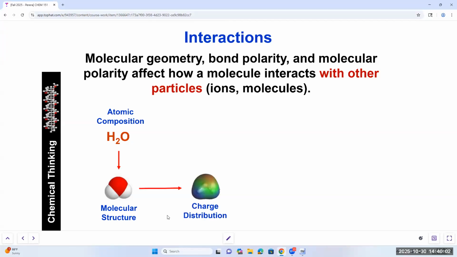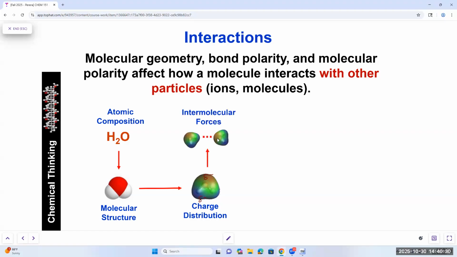And then in Unit 2, Module 4, we talked about how the electrons are distributed, or the charges are distributed within the molecule. In other words, the polarity of the molecule. We learned how to do that in Unit 2, Module 4. Now we know when we have partial charges, for example, red means partial negative and blue means partial positive, right?